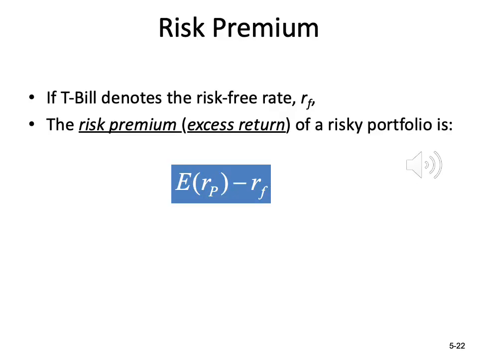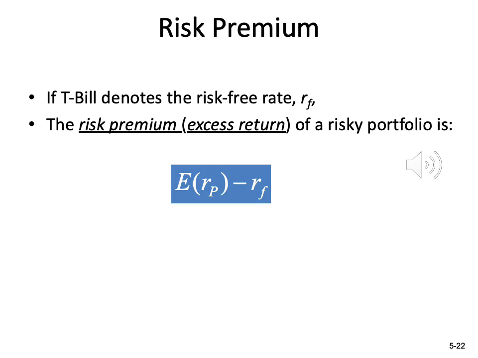If you use the T-bill returns as the risk-free rate, which is RF, then the risk premium or the excess return of a portfolio is the expected return of the portfolio minus the T-bill return. It is a very important concept. For example, if I tell you a portfolio gives you 10% return, you don't really know whether the return is good or not.